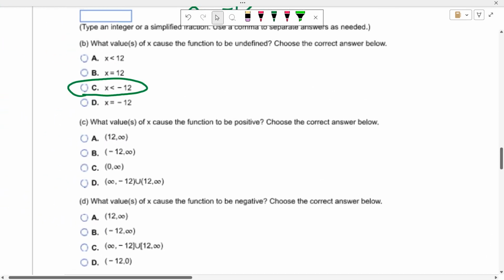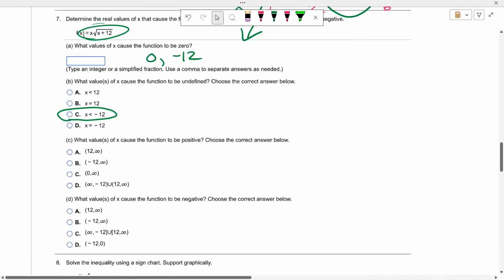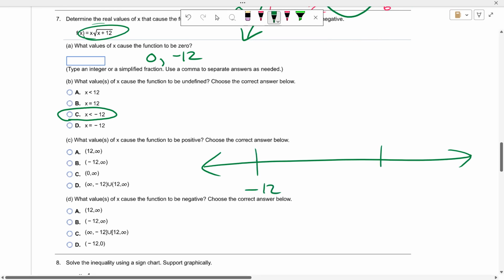Okay, so now we want to see what makes this positive, what makes this negative. So, where are our numbers? Well, we're at negative 12 and 0. So then we're going to try somewhere in between here, like negative 6. If we stick a negative 6 into this function, it's negative 6 times the square root of 6.